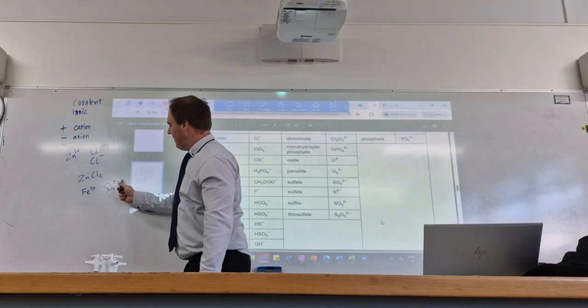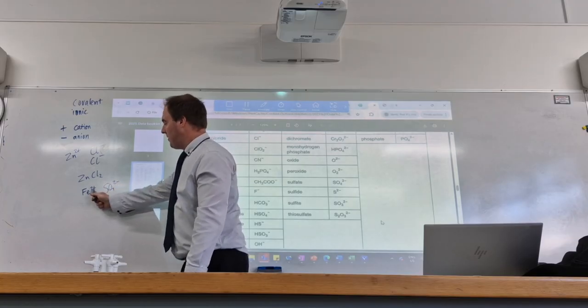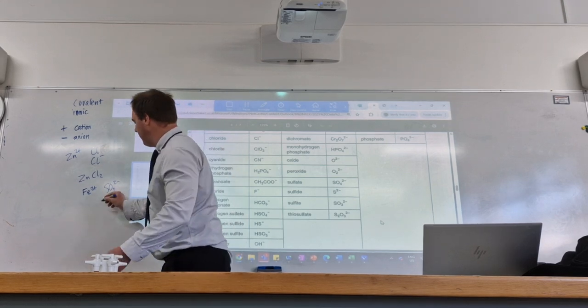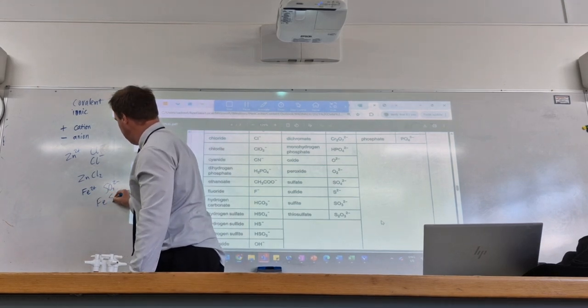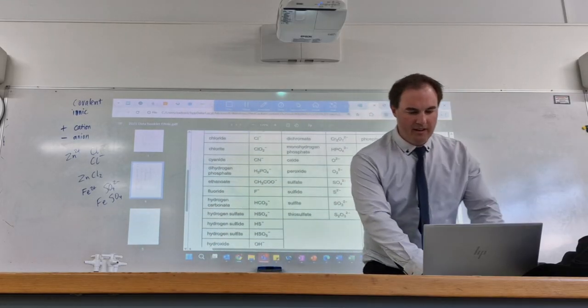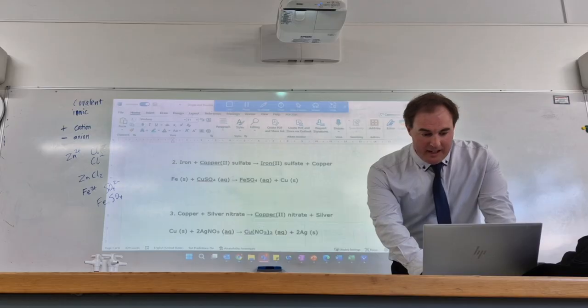In this case, the 2 negative and the 2 positive balance each other out. They're equal. And so you can simply write this as FeSO4, just like that, that's fine. Okay, so that's single displacement reactions.